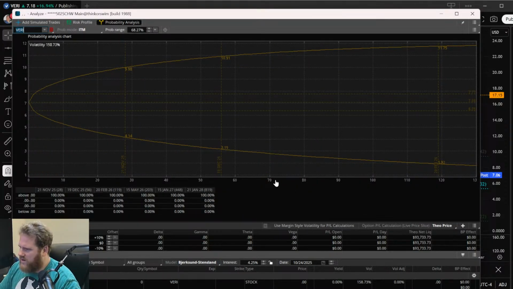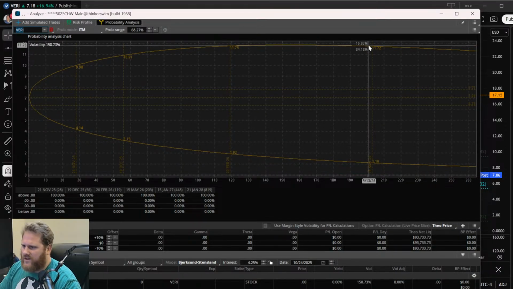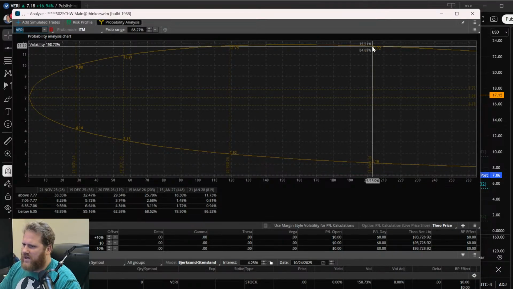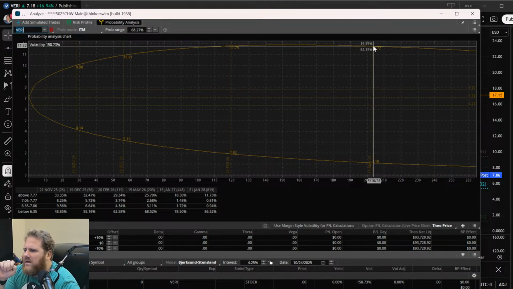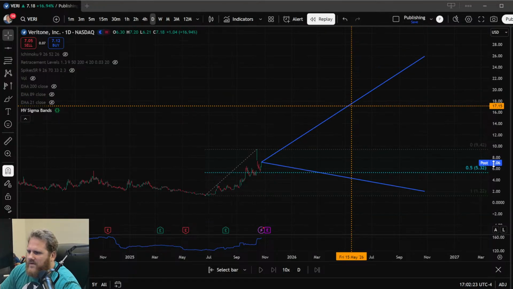So if we look at the May 26th, essentially within one standard deviation, it says it should be 84% probability. I need to relearn this to teach. You learn by teaching. This is based on implied volatility. Let me do a little research and see if I can come back with that.